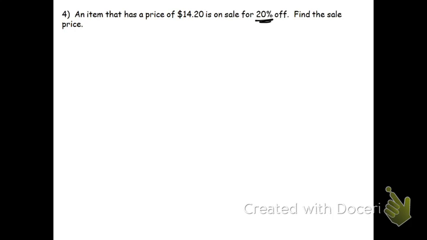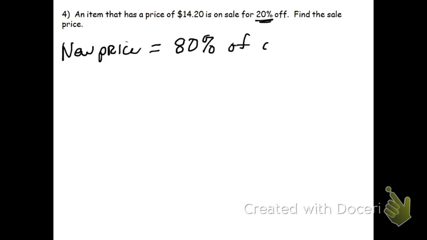Or if I think a little bit, I know that the new price will be 80% of the old price. So what I just need to do is find 80% of $14.20.